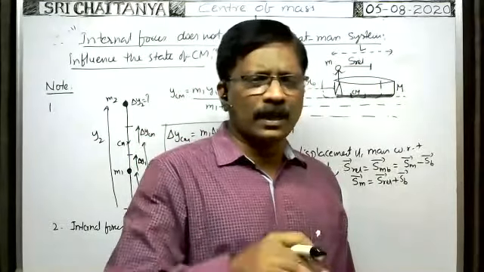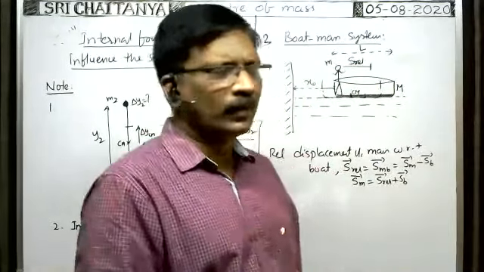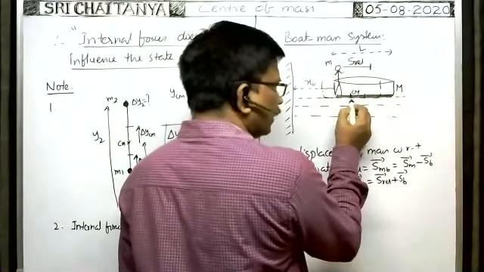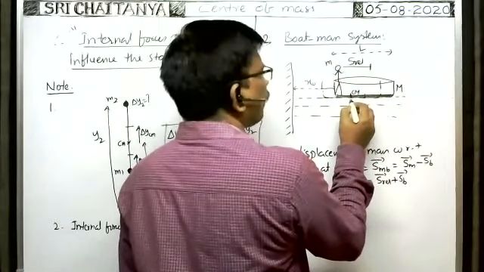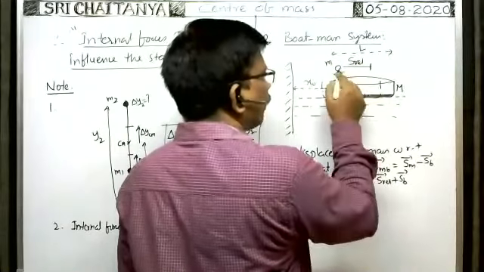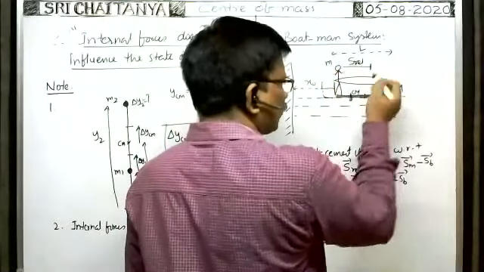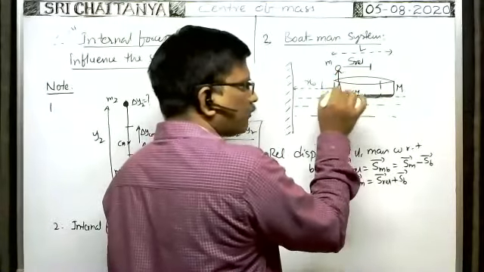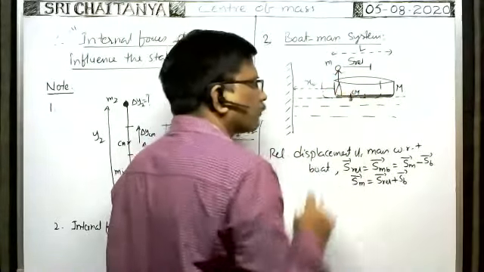Does internal force alter the state of center of mass? No. That's why the center of mass of the man-boat system lies here only. The man moves forward, so definitely the boat has to move in backward direction to maintain the center of mass of the man-boat system at the same point.